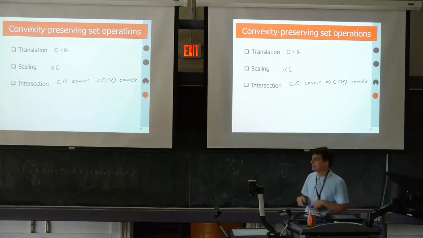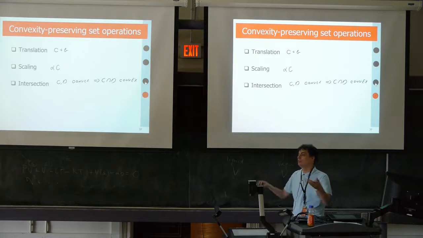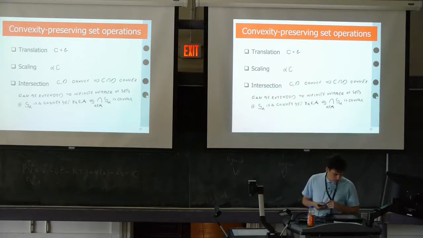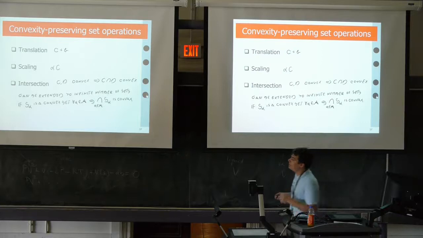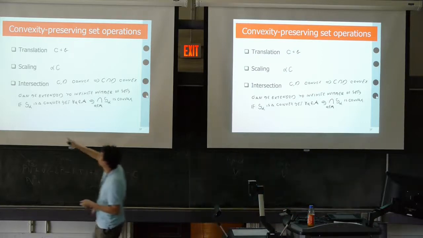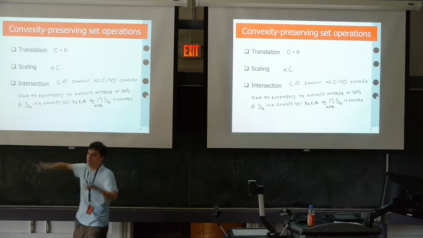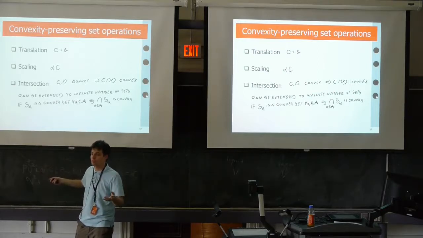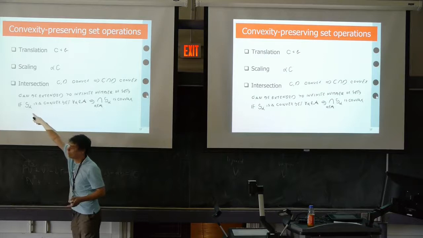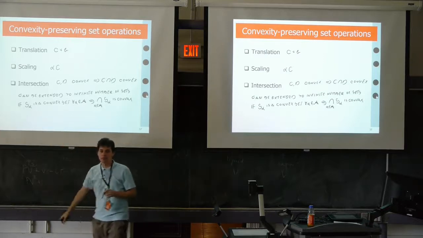And you can generalize this to arbitrarily many intersections of convex sets. Say S_alpha is a convex set where alpha is from an arbitrary index set, it can be infinitely, even uncountably many sets, then the intersection of all these convex sets will be convex as well.